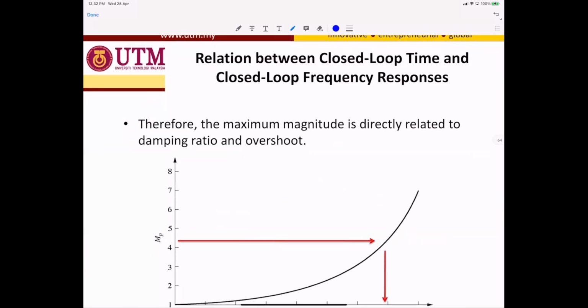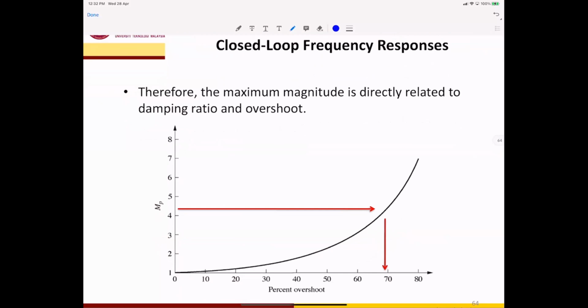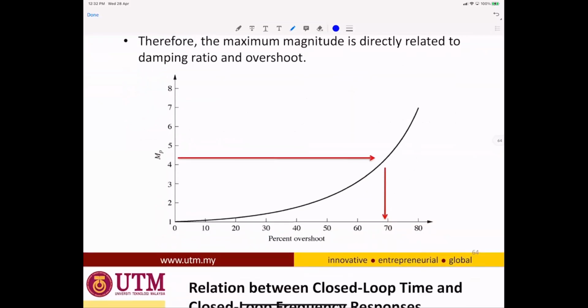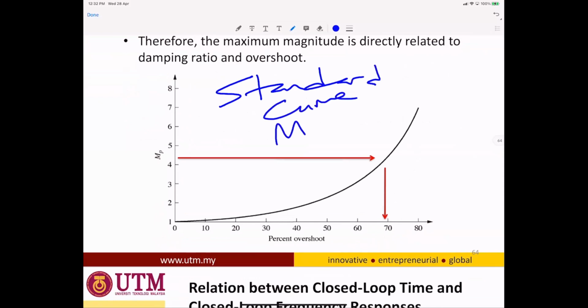Relationship between the closed loop time and closed loop frequency response. So therefore, the maximum magnitude is directly related to the damping ratio and overshoot. We have a standard curve, which is MP versus overshoot.